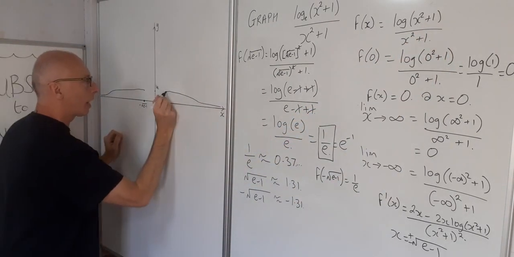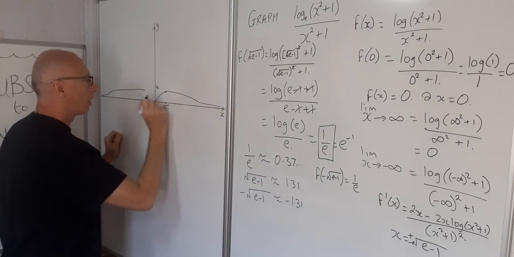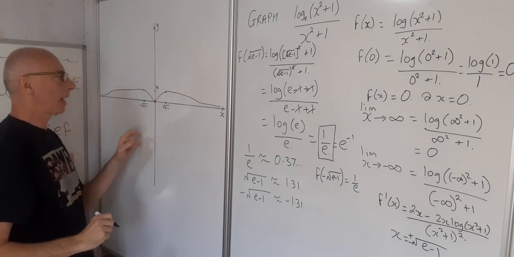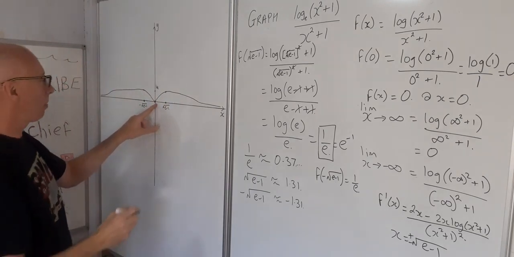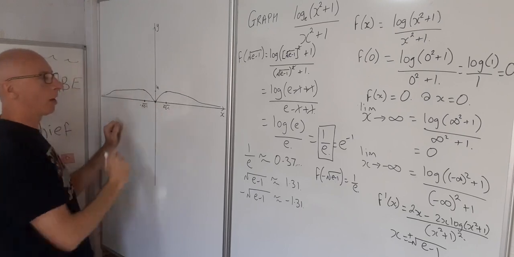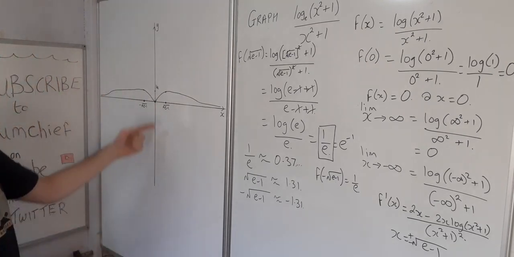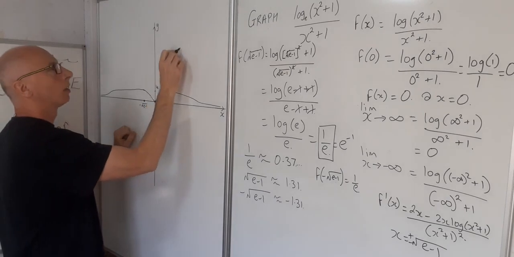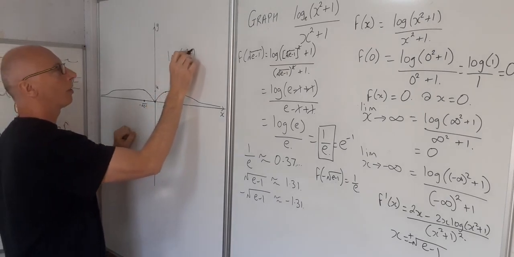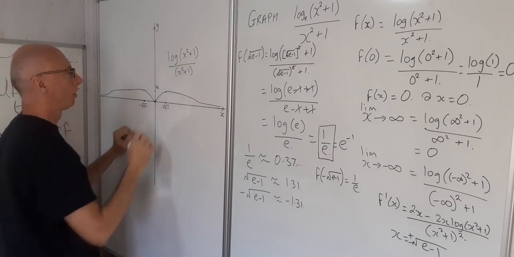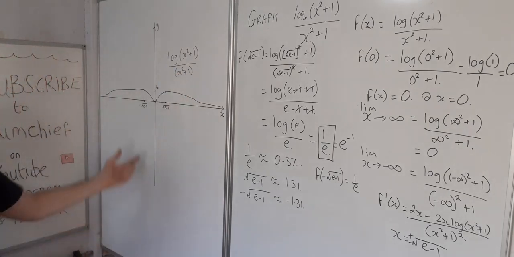So it's just going to come down to our origin. And as we can take the derivative at 0, we know it's continuous, so we want to make a nice continuous line there. So that's the graph of our function, log of x squared plus 1 over x squared plus 1. Okay, and that's how it behaves.